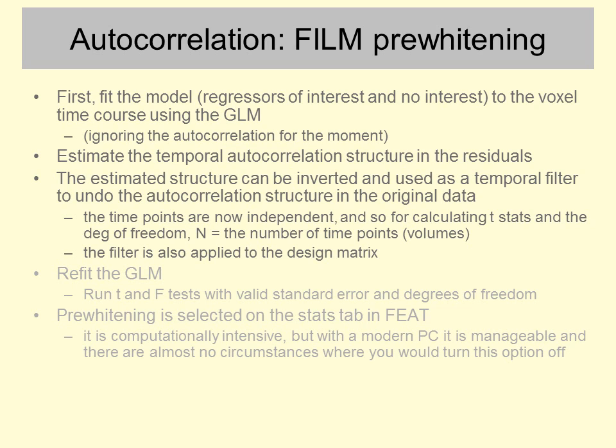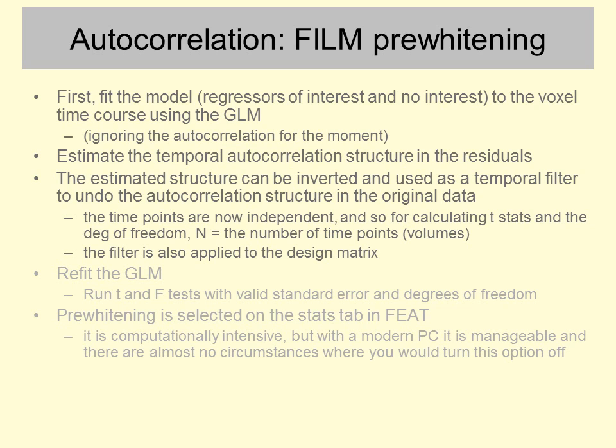And you also apply this filter, which is created by inverting the autocorrelation structure, to the design matrix. And if you want to see why you would do that, you should look up the matched filters theorem. Basically, if you're conditioning the data in a particular way by applying a filter to it, then if you apply the same shaped filter to the model, you will almost by definition cause the model to be a better fit.